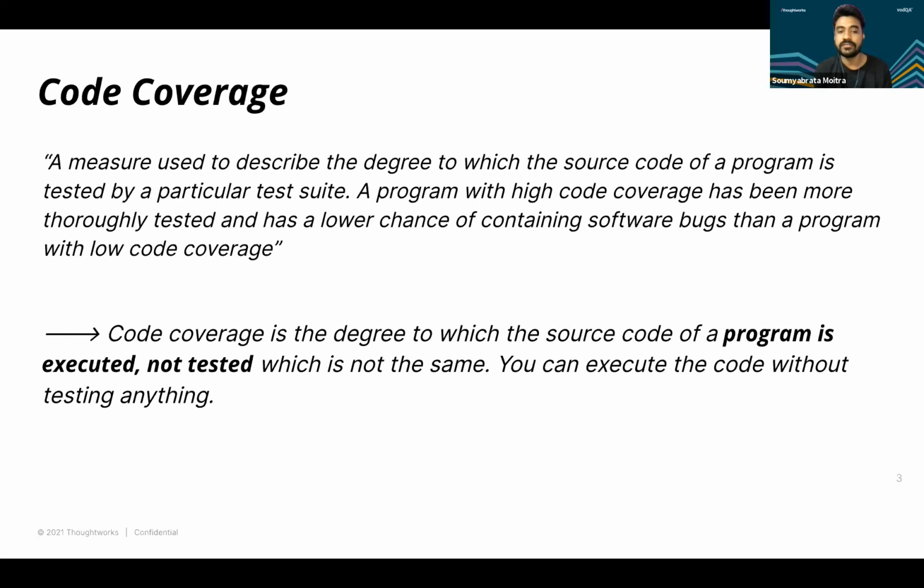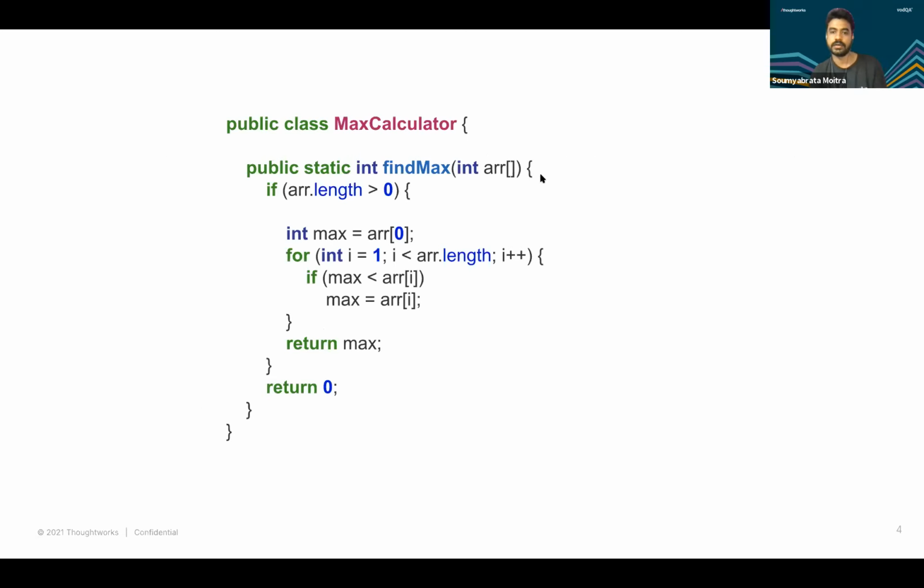So it gives you an idea of the extent of execution of your source code, and not the extent of how much source code is tested by your unit tests, or how good the unit tests are. You can execute 100% of your source code, you can have 100% coverage, but essentially you can be testing nothing.